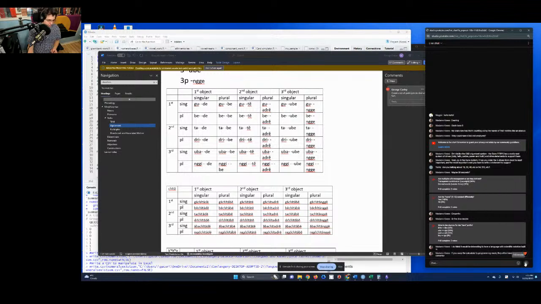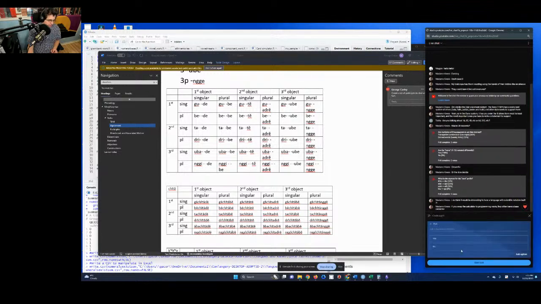So I'm going to do a poll here right now. What should we do with the third person singular subject prefix? Truncate to, so it's ub.